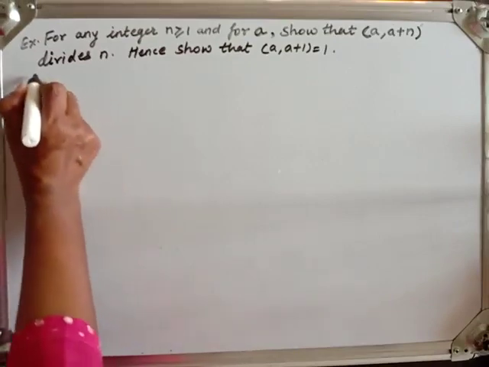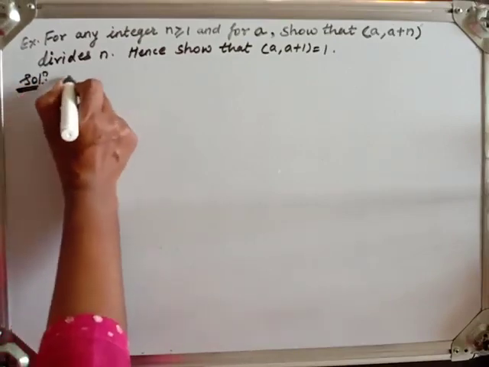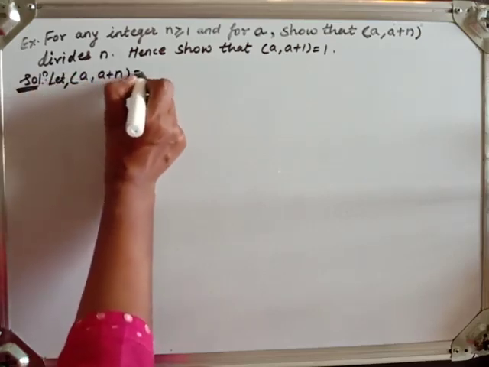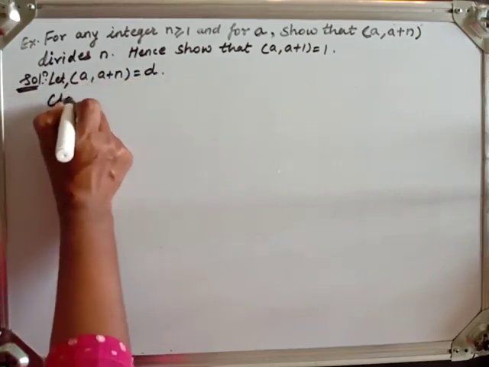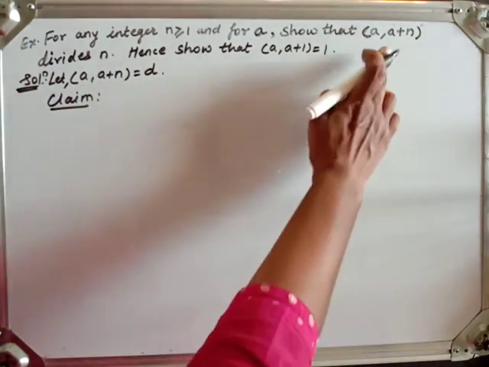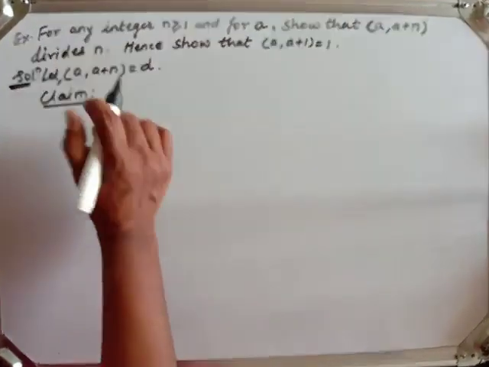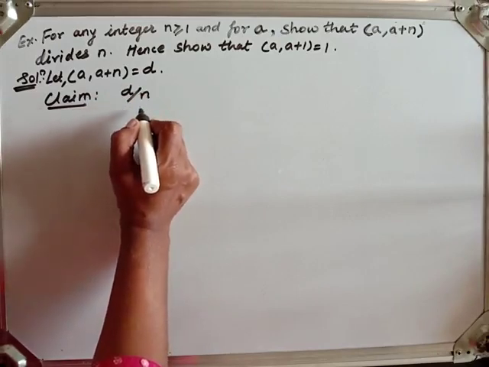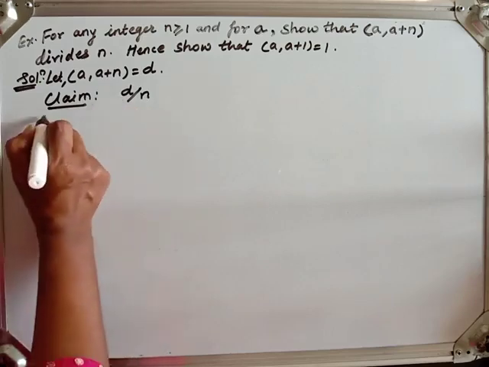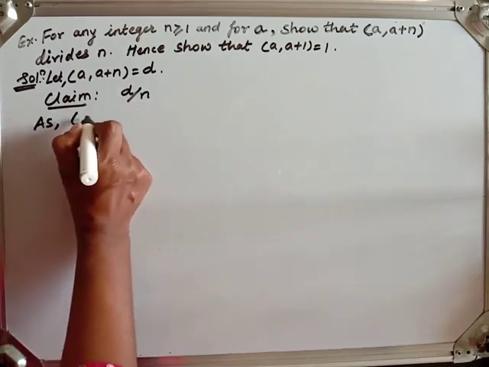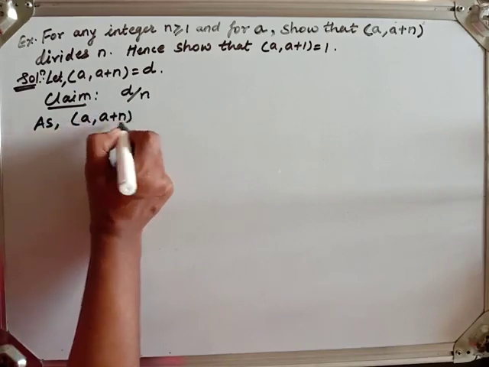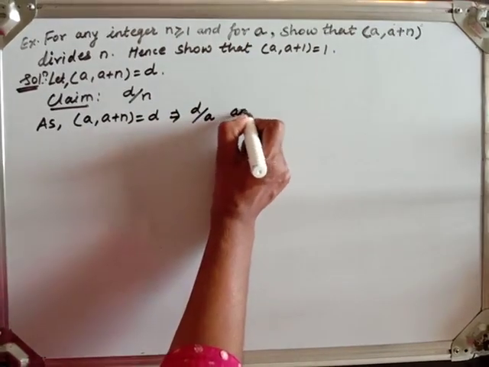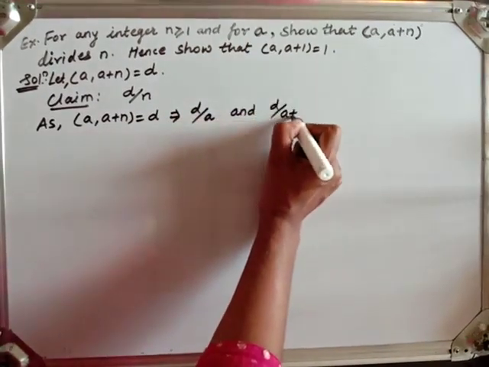Now here, solution: let the GCD of a and a plus n be d. Then our claim, we have to show that the GCD of a and a plus n divides n. That is, d divides n. So as the GCD of a and a plus n is equal to d, this implies d divides a and d divides a plus n.